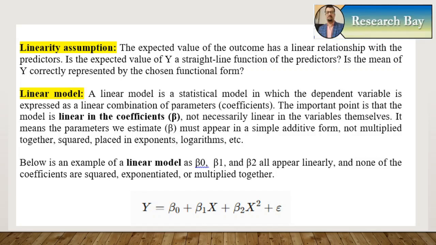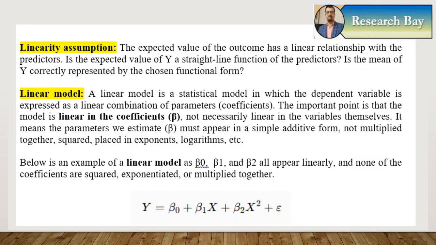But still, you see here, we are not concerned about the variables being squared or their quadratic effect. As the linear model definition says, the betas must appear in a simple additive form and they must not be multiplied, squared, or placed in exponents or logarithms. So we see here they are added: beta naught, beta 1, beta 2. They are simply added together.